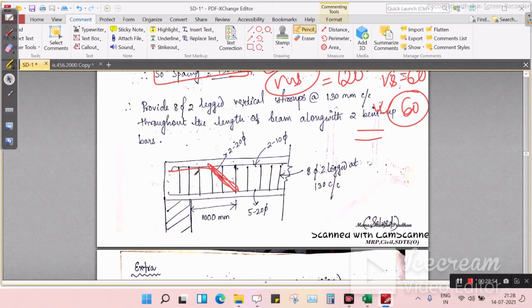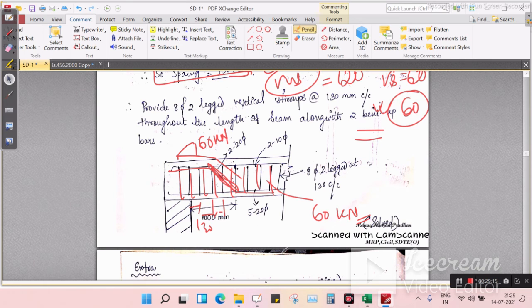There are 2 bent top bars. These 2 carry 60 kilonewton shear force, and the remaining vertical stirrups carry 60 kilonewton shear force. So the gap between vertical stirrups is 130 mm center to center.